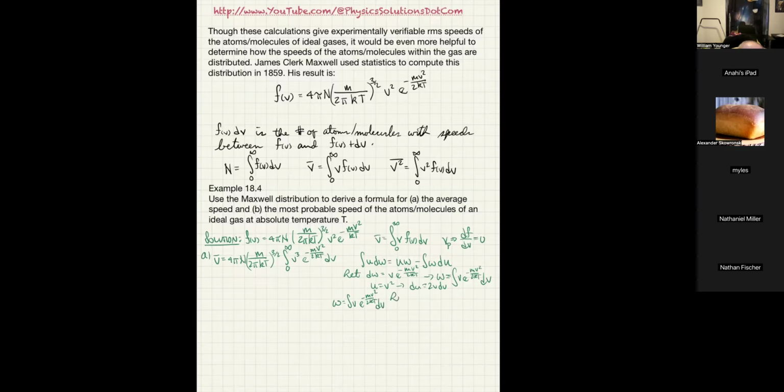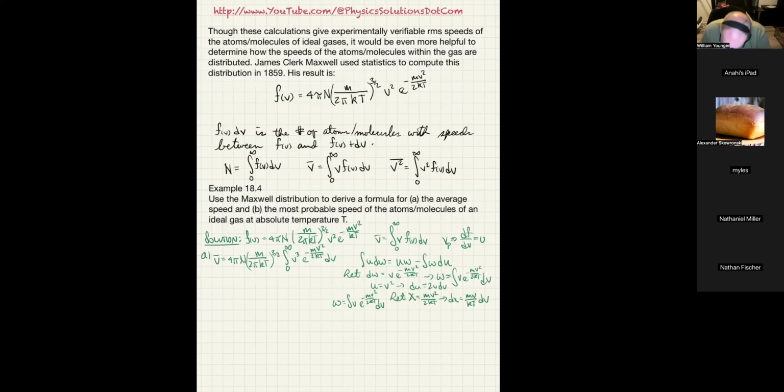I'm going to let x equal mv squared over 2kt, then dx is going to be mv over kt dv. Notice I took the derivative with respect to v. That made it 2mv, but then the 2 in the denominator canceled it out.